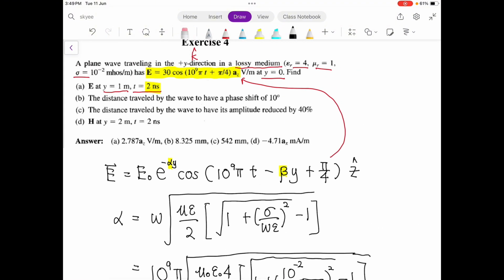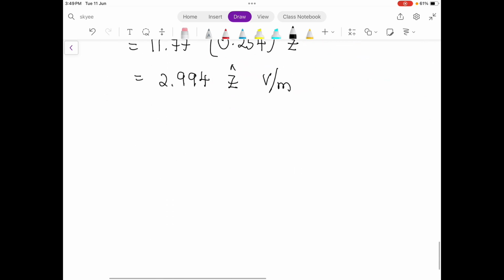The distance traveled: how far is the distance traveled by the wave to have a phase shift of 10 degrees? From the equation of beta, this is the phase constant. We know that the wave will experience 2 pi of phase shift when it travels a distance of lambda.